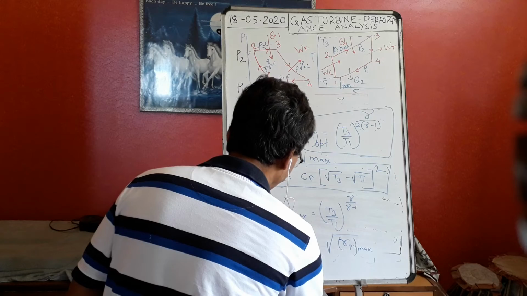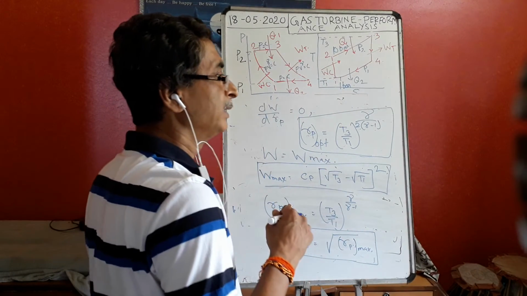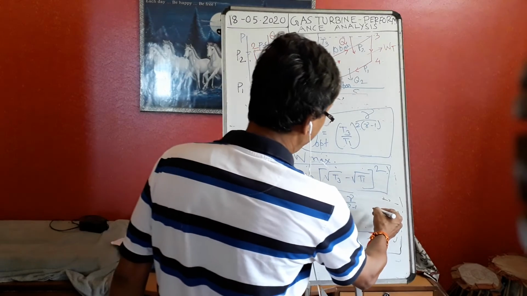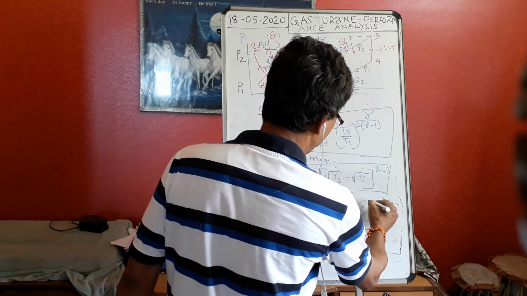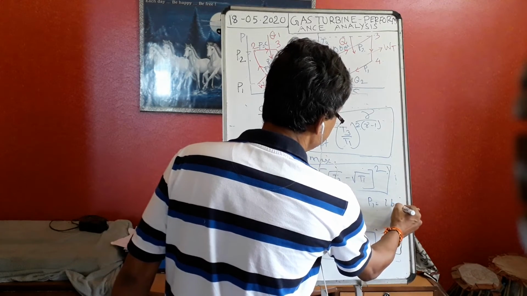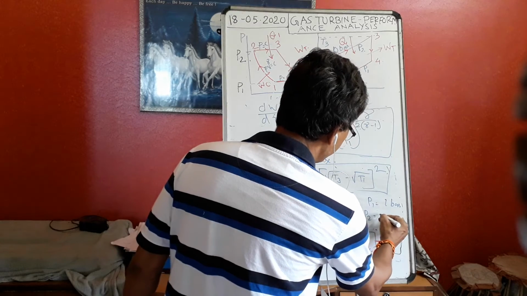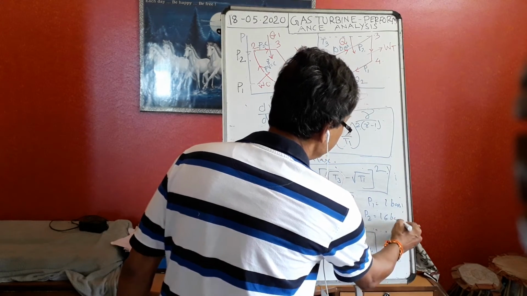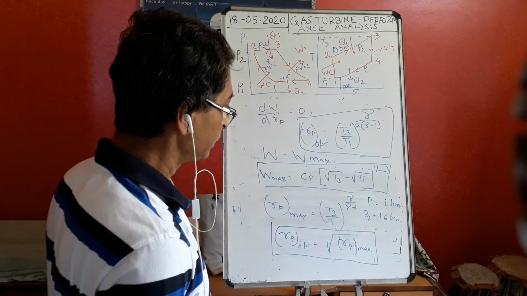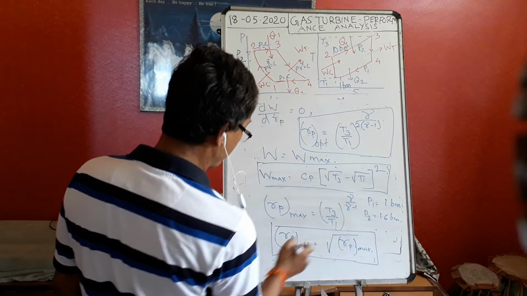So RP optimum, what is the significance? Now if I say our ambient pressure is 1 bar, that means P1 is equal to 1 bar. What is the maximum pressure I can go to? P2 is 16 bar. Then what is the maximum pressure ratio?